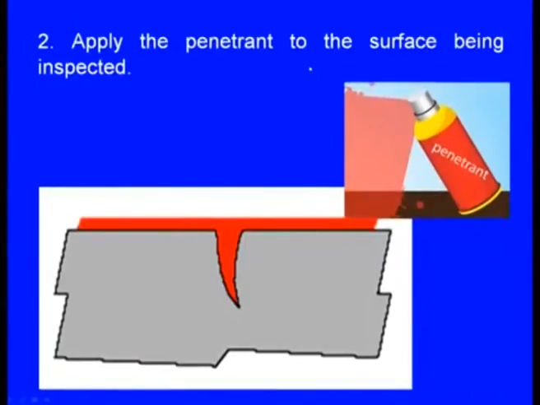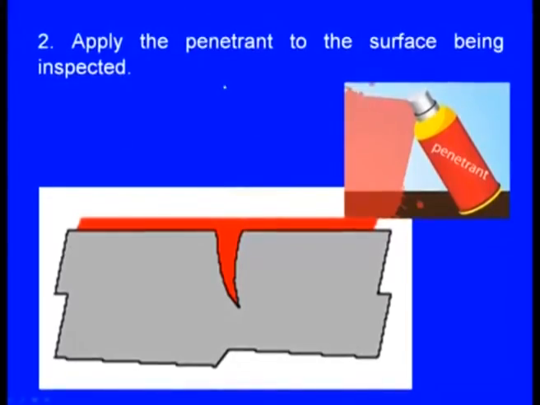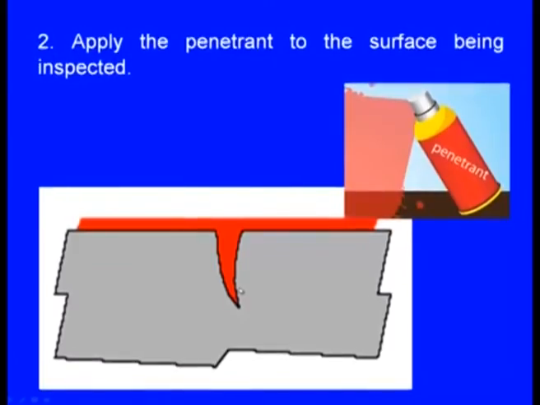One is the penetrant, second one is the cleaner, and the third one is the developer. Now, we are taking the first liquid, that is the penetrant. Apply the penetrant to the surface being inspected. So, this is the component, and here there might be an external defect or cracking, but it is invisible to the naked eye.